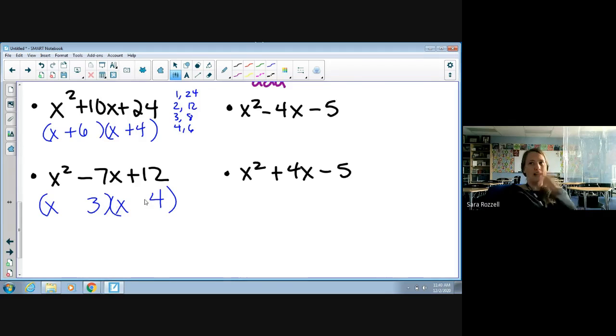So we have to have negatives in our answer. So we can double check it. -3 times -4 makes a positive 12. And -3 plus -4 makes a -7. Everybody agree that our signs are okay in this problem? Okay.